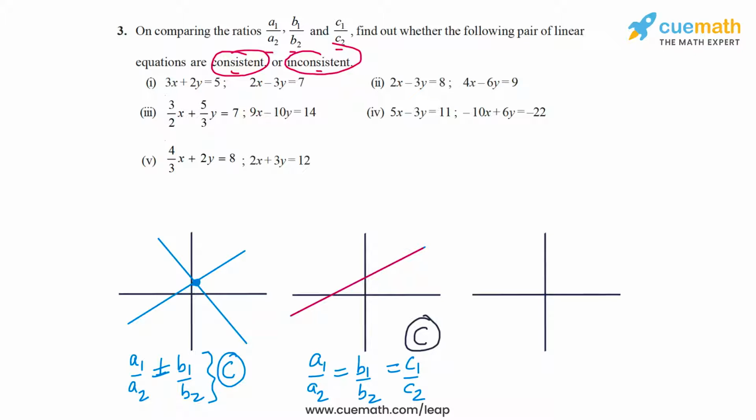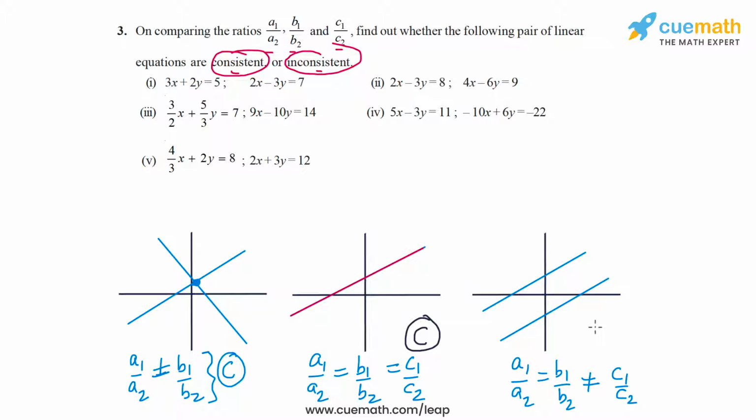Now the third possibility is that a1 by a2 is equal to b1 by b2, but these two ratios are not equal to c1 by c2, and in this case the lines representing the pair of equations will be parallel. Because they are parallel, they will never intersect, which means that this pair will have no solution.